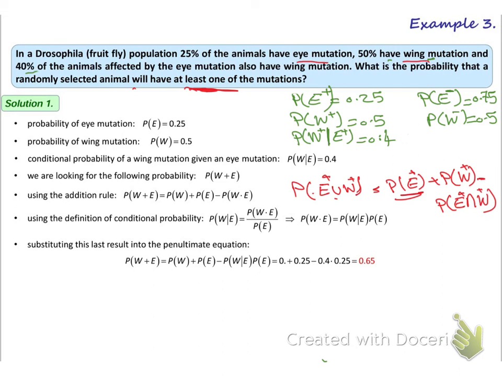Probability of E, we have it already here. Probability of W, we have it already here. Probability of E intersect W, I don't have it directly.